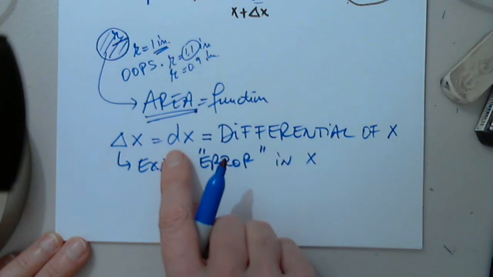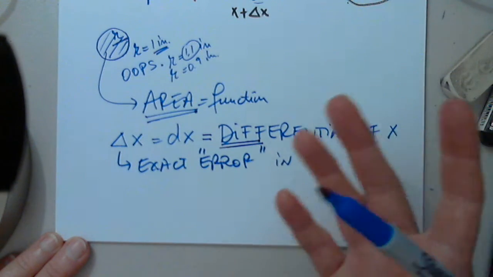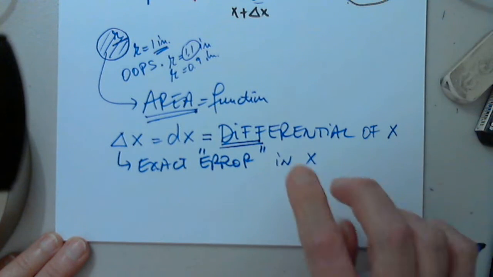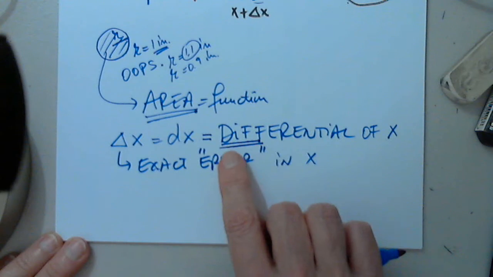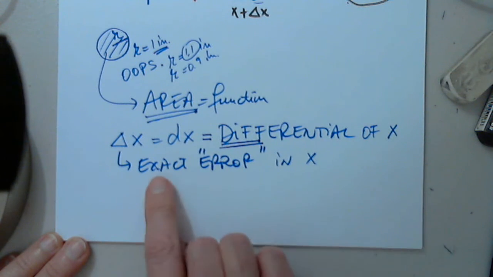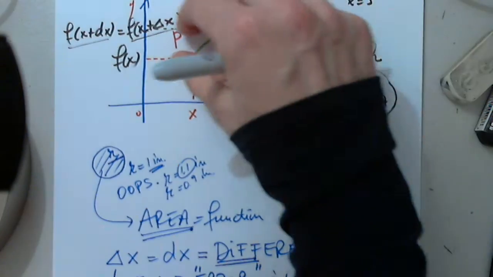It has something to do with the derivative. That's why the diff here. It's a difference, but using the derivative, differential. This is the exact error. They are the same, but they will not be the same in y.